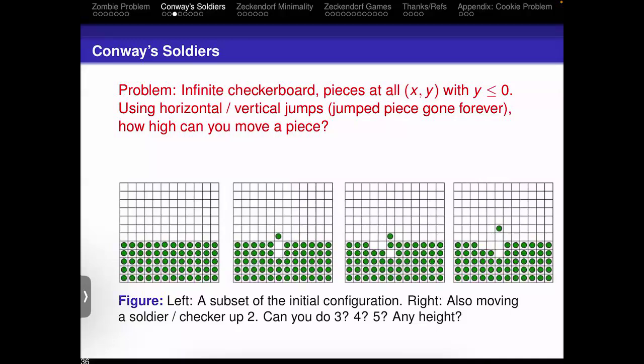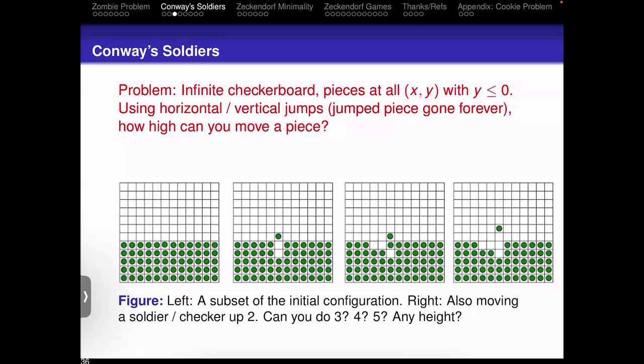What about row 5? Do you think you can get something up to the fifth row? You think so? As long as you can have something on both 4 and 5, as long as you can reduce it to 4 and 5.